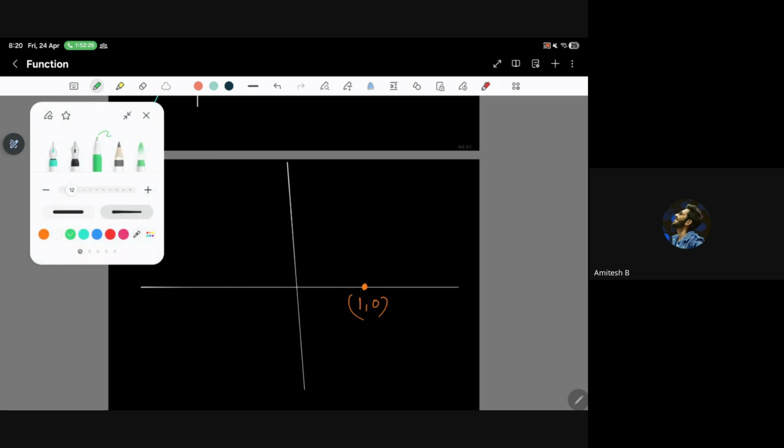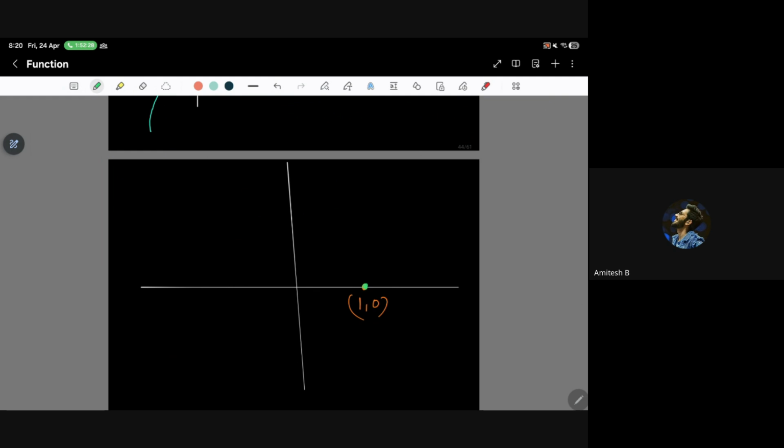So here y is 0, it means this is that single point. Now just above this point, just below this point, so this is the graph of signum of x cube minus 1. Yes, any doubts here, anyone?